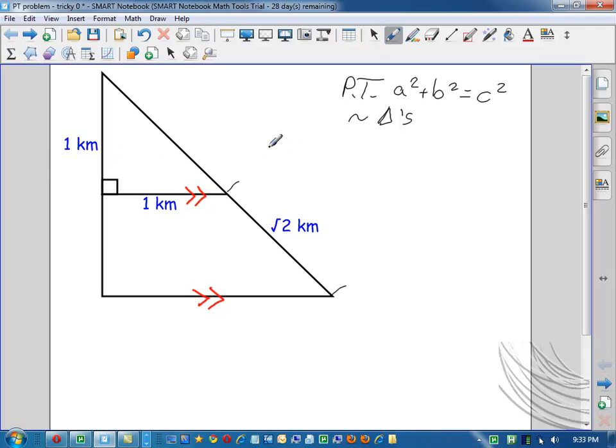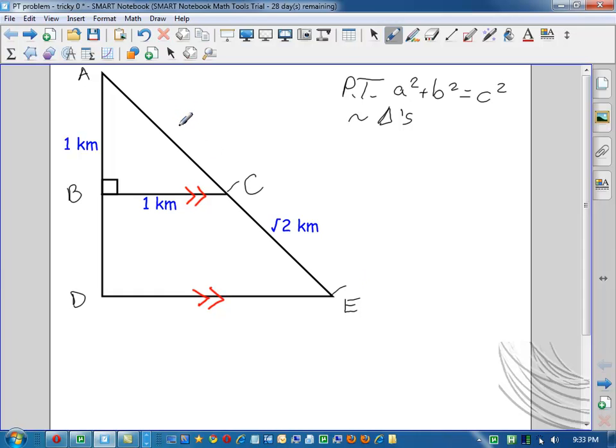First of all, we have to find out if there are any similar triangles here, and if so, which ones are they? Let's label this A, B, C, D, and E. And we have to find this one.